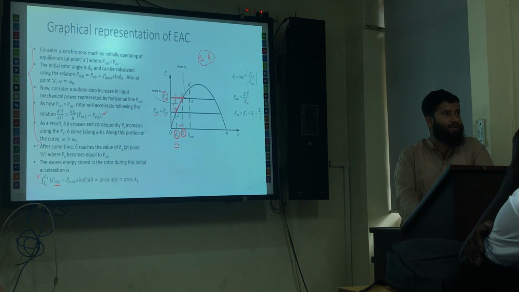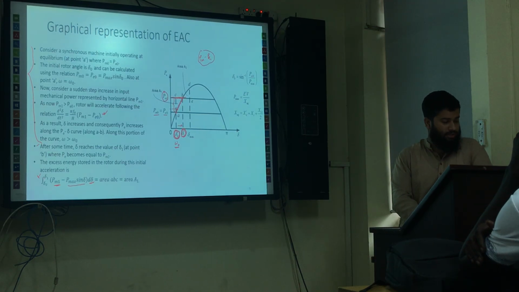So how can we write P? P is a function of delta, so it will simply be P max sin delta. Then the integration will be in terms of d delta. And how will we write the lower limit and the upper limit? It will be from delta naught to delta 1.